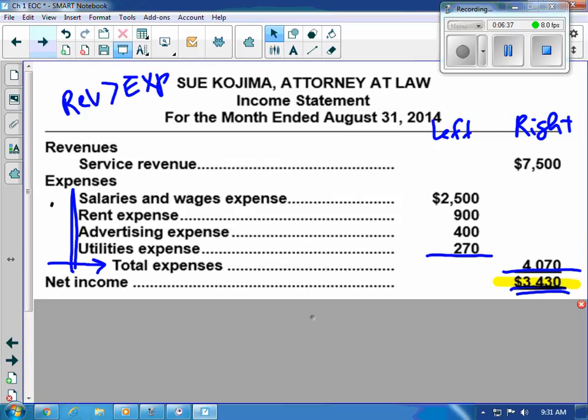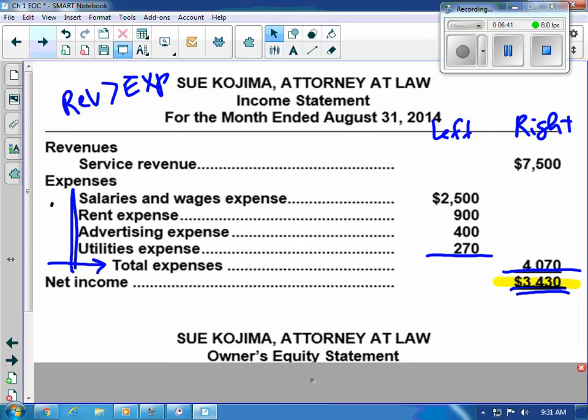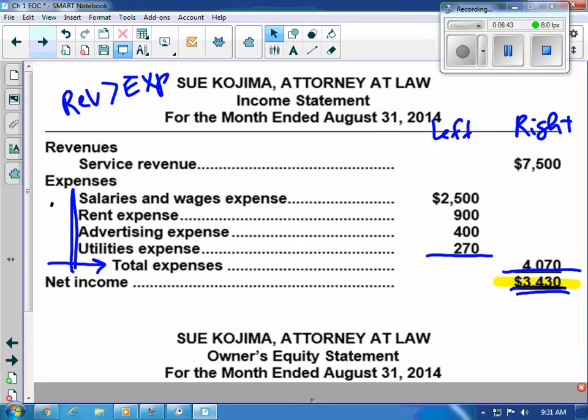We are going to find out how the owner's capital changed. Do you guys have little headings in there? No, wide open. Okay.